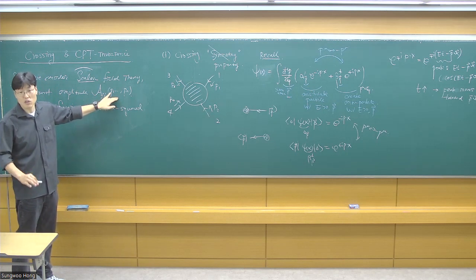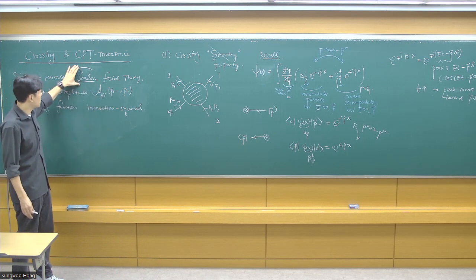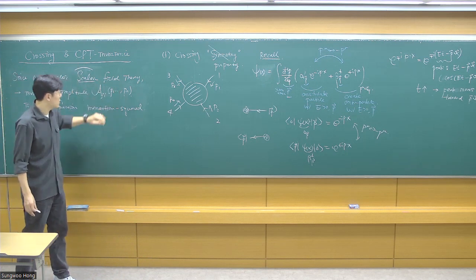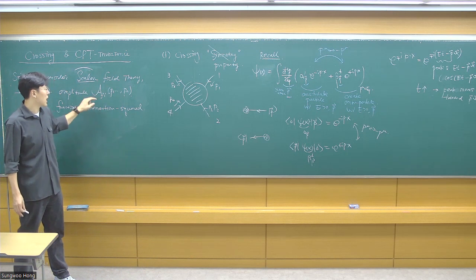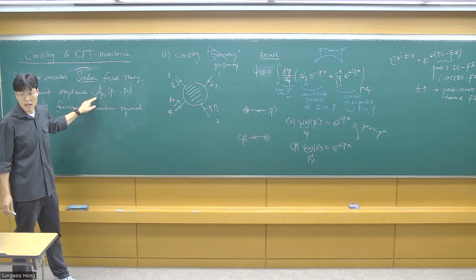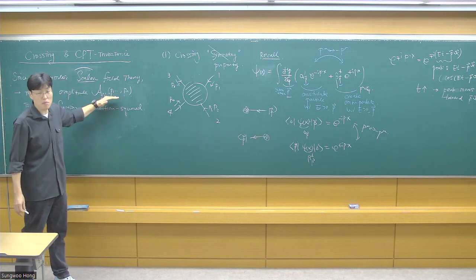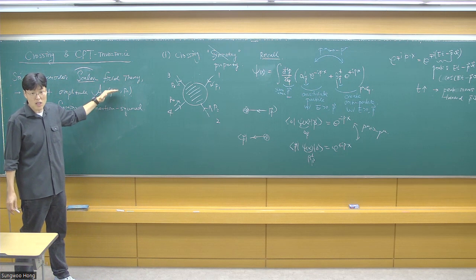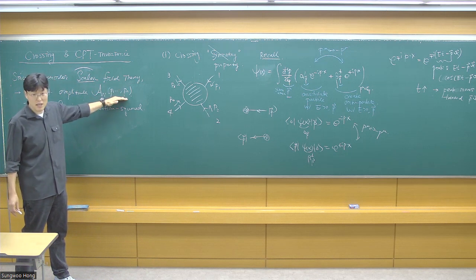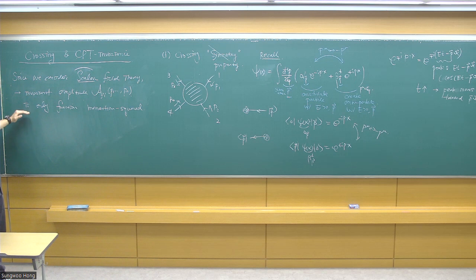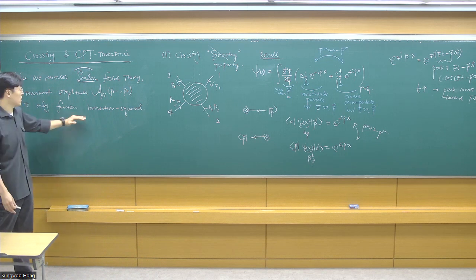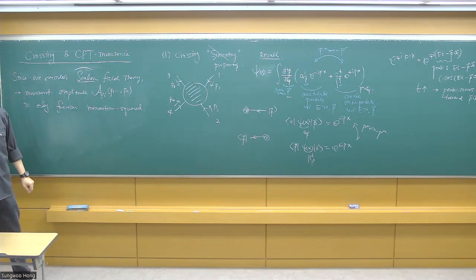If you're talking about a spinning particle, then in addition to this, there's another tensorial object which can participate in the construction of the amplitude. But here, scalar means that the only non-trivial Lorentz tensor is momenta. So I just need to construct a Lorentz invariant function out of the momenta. So I'm saying for scalar field theory, therefore, the invariant amplitude is only a function of momentum squared. Is that clear?